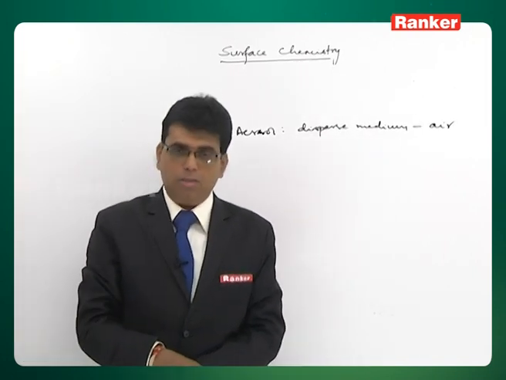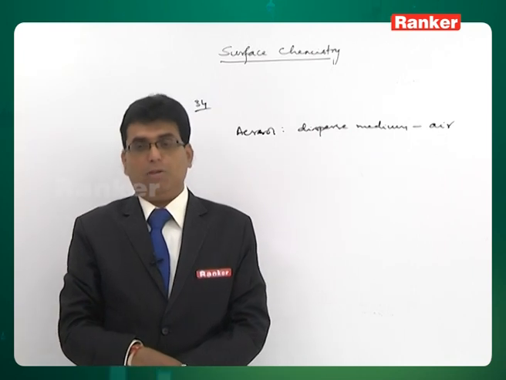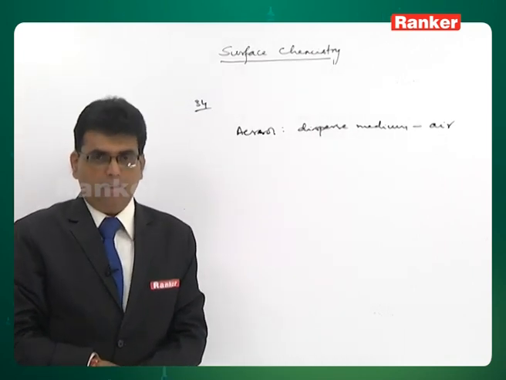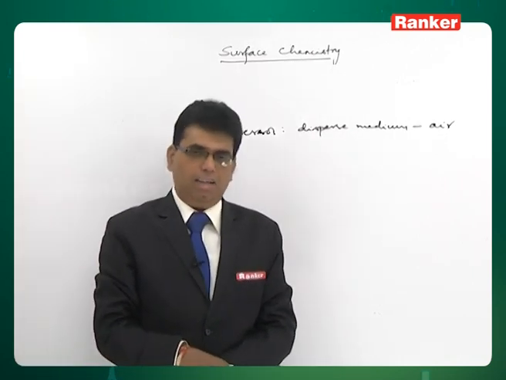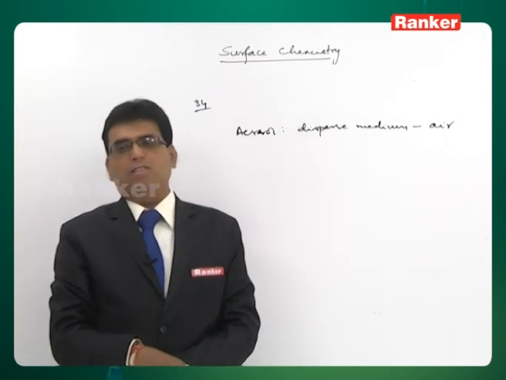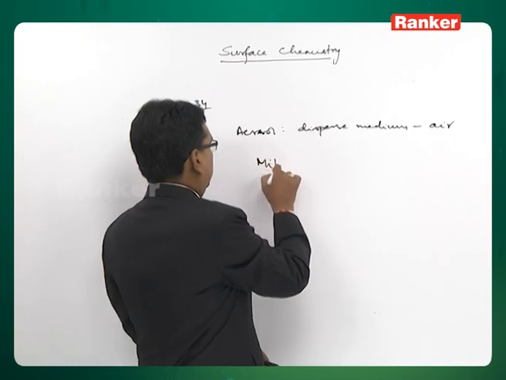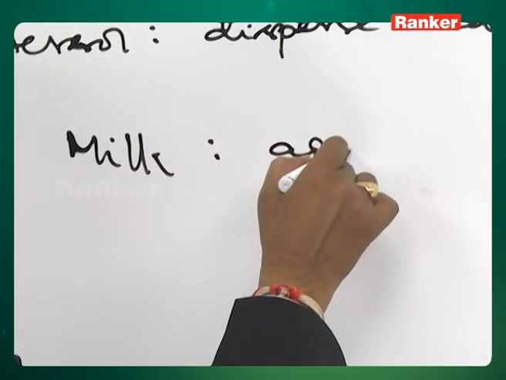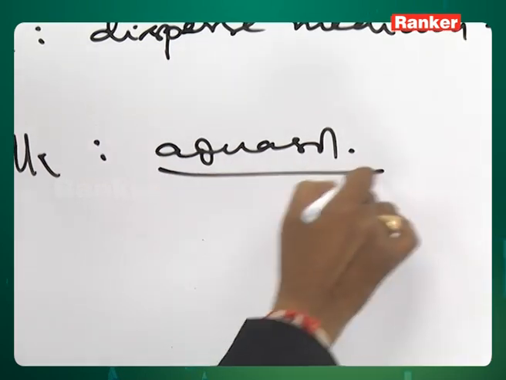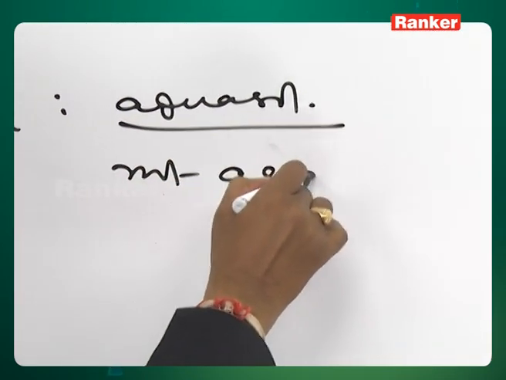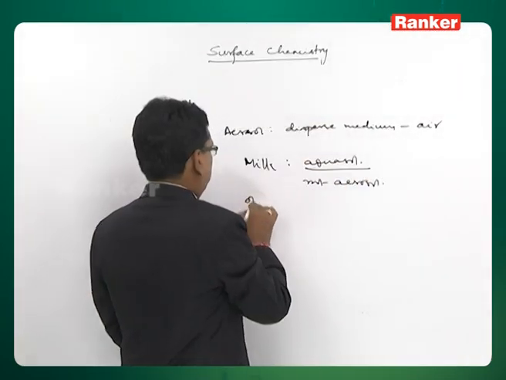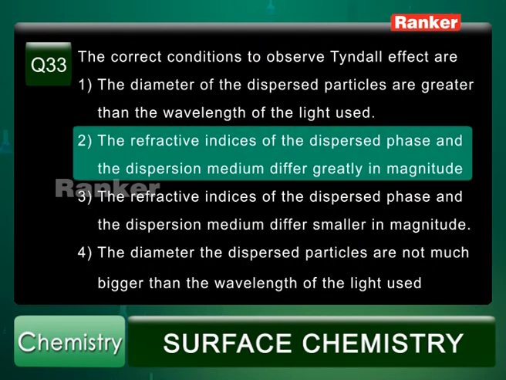Milk is not, because milk is an aquasol. Dispersed medium is water. Cloud is present in air, so it is aerosol. Fog is also present in air, that is also aerosol. So, milk is aquasol, it is not aerosol. Therefore, the answer is option 2.